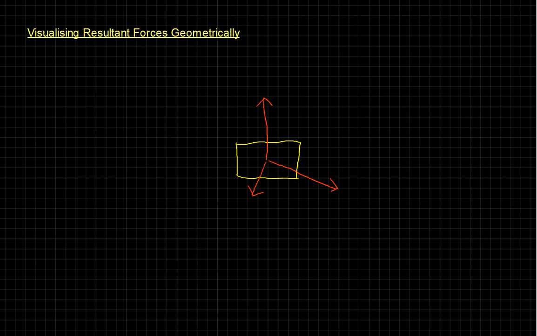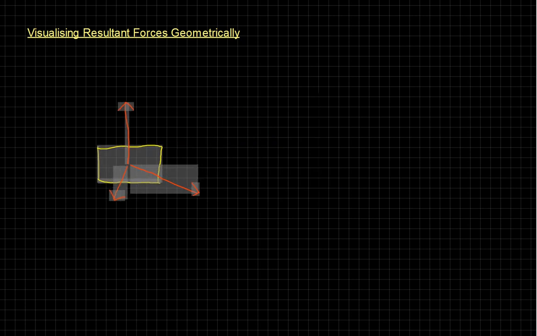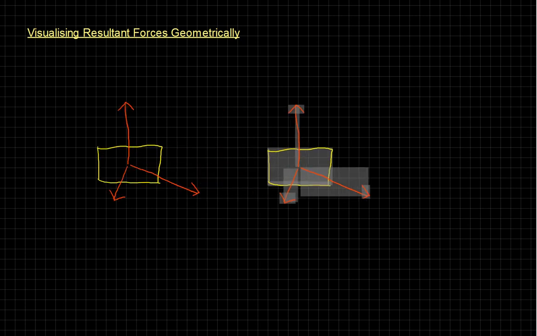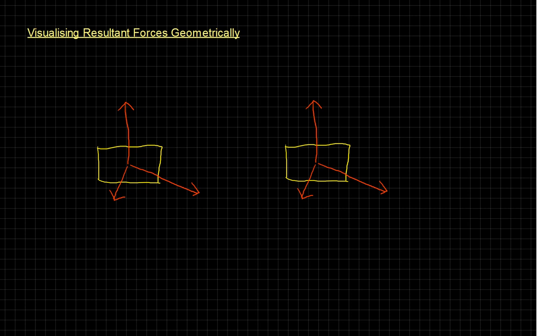We can define a resultant force, and the resultant force is effectively the sum of all the forces that are acting on this object. And sum we use literally as in the addition of the vectors representing these three forces. If I can just create a copy of this, what I'm interested in is the arrows.